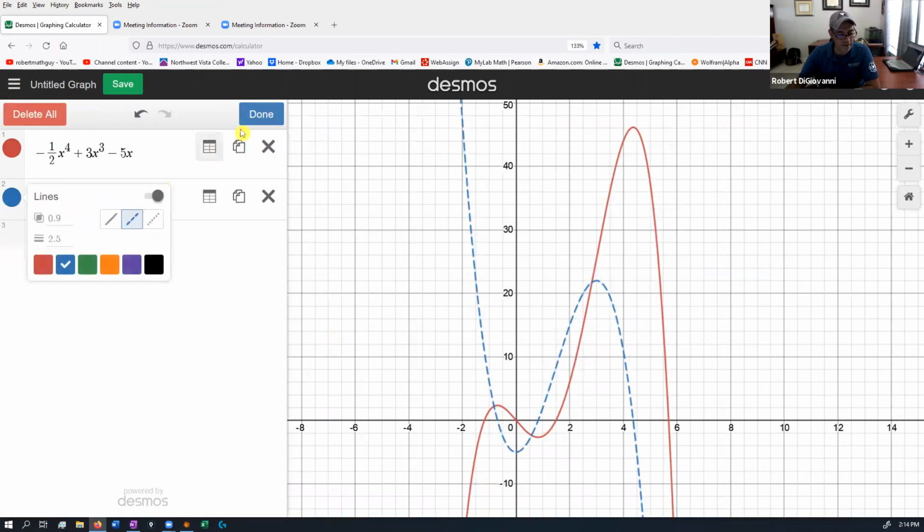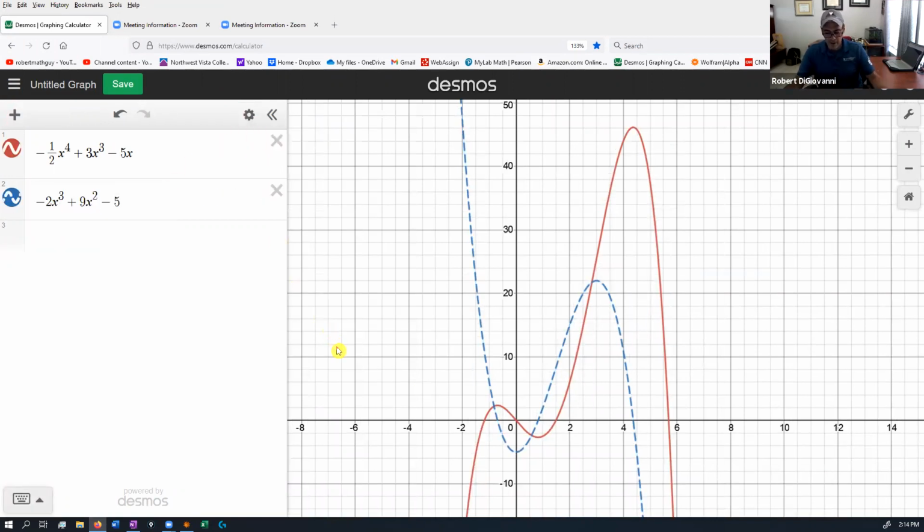Let's just check it. Everywhere that I have a horizontal tangent line on the red one, my dotted function should have an x-intercept, which it looks like it does, right there, right here, right there.